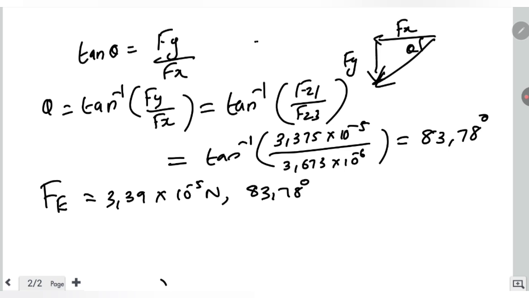You see this angle is below the negative x-axis, right? So we can say 83.78 degrees below the negative x-axis. So this is how you can calculate the resultant force in 2 dimensions.